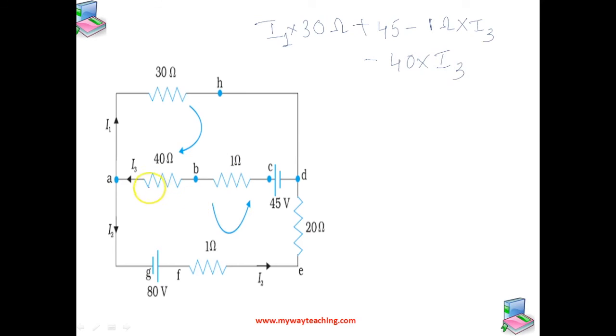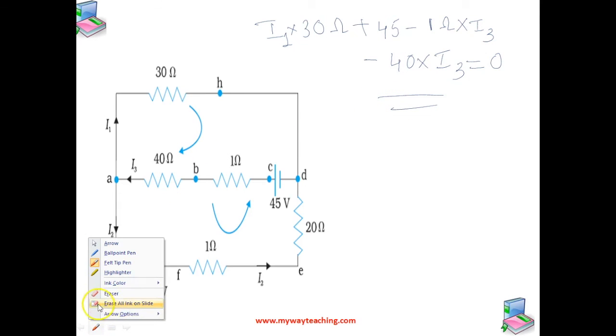So this is the potential difference across each resistor in this particular loop. So according to Kirchhoff's second law, the potential difference in this closed loop will always be equal to 0. That is what the second rule of Kirchhoff says.